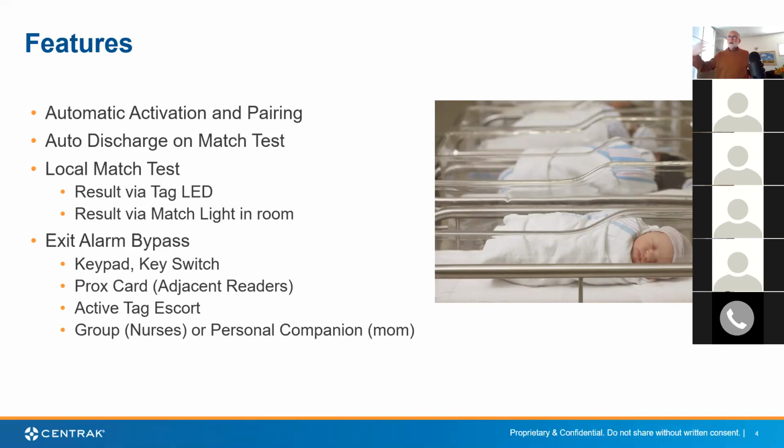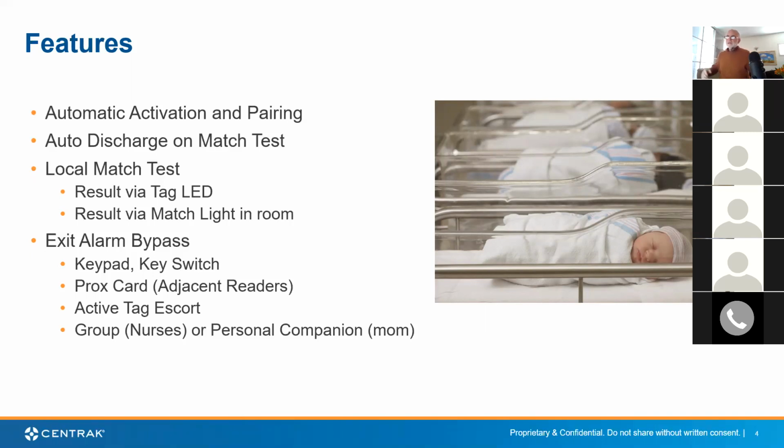So we have local match test, which I'll demonstrate in a moment. For the result of the test, mom presses the button on her tag next to the infant, and the tag turns green. Or you can get match lights in the room where the test is performed.